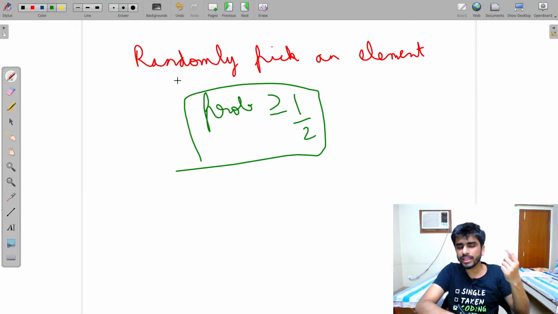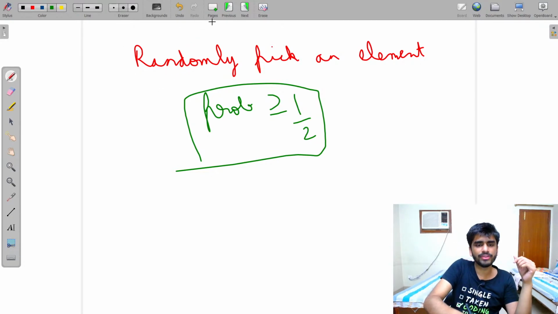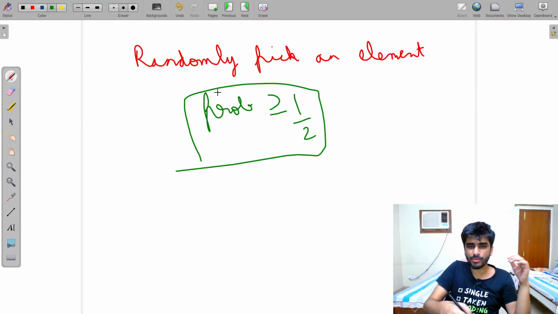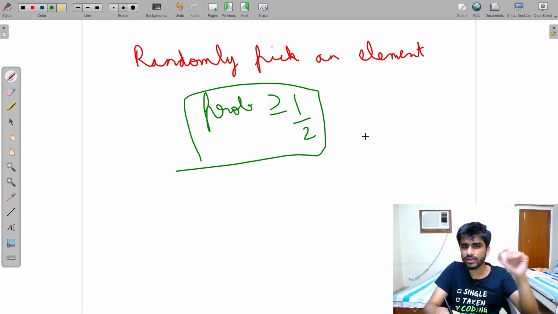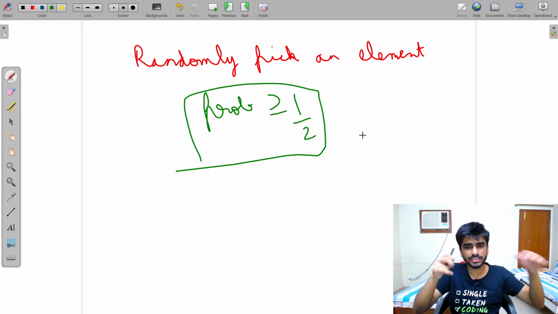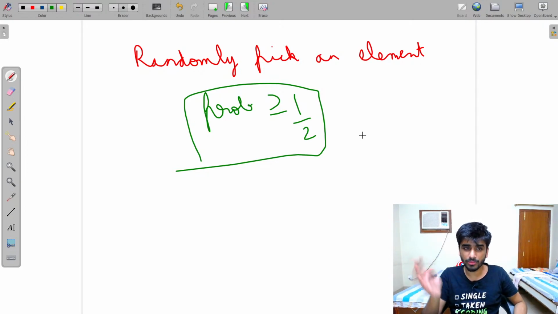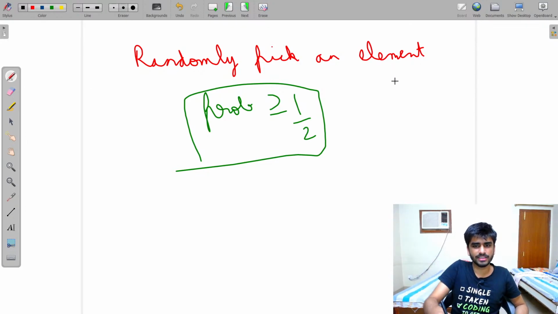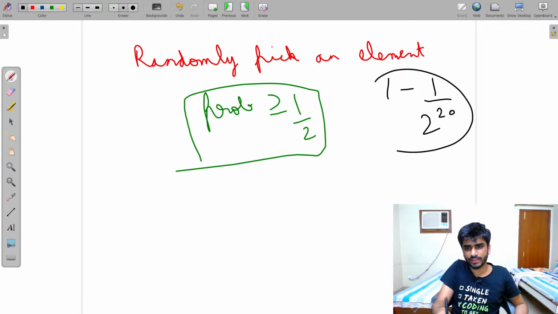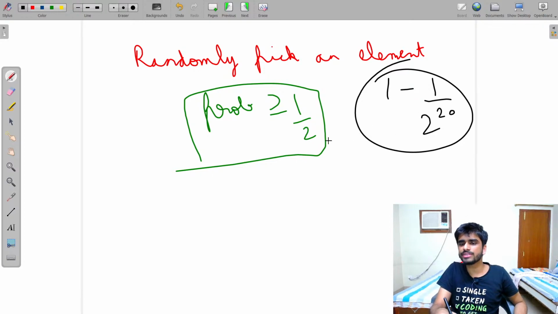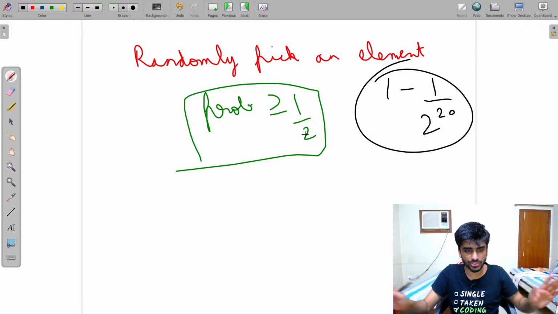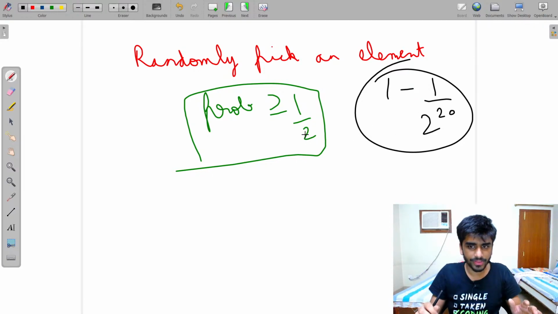But what if we repeat this experiment multiple times? What if we repeat this, let's say 20 times? Then the probability that at least one of the elements that we pick is equal to the mode is 1 minus 1 by 2 to the power 20, right? And this value is huge.